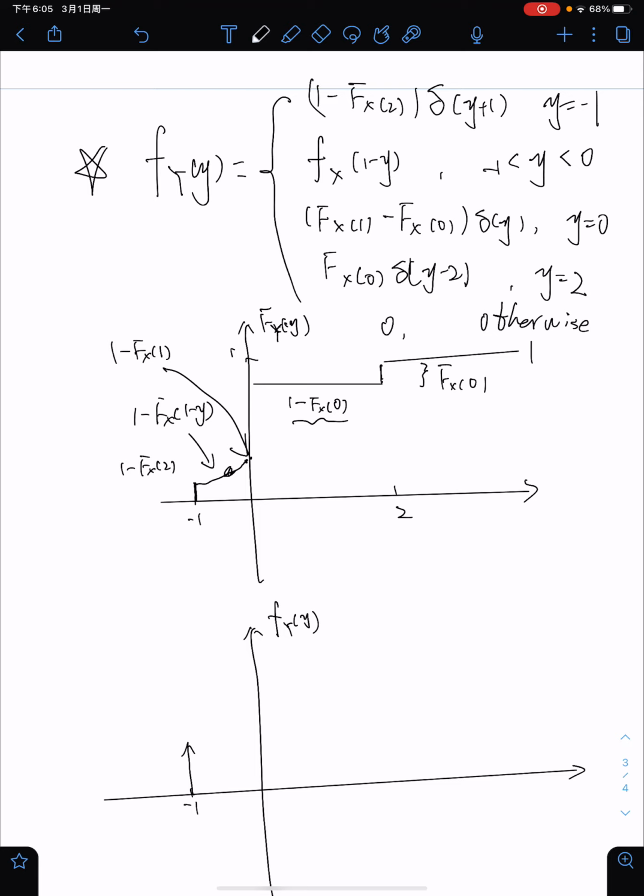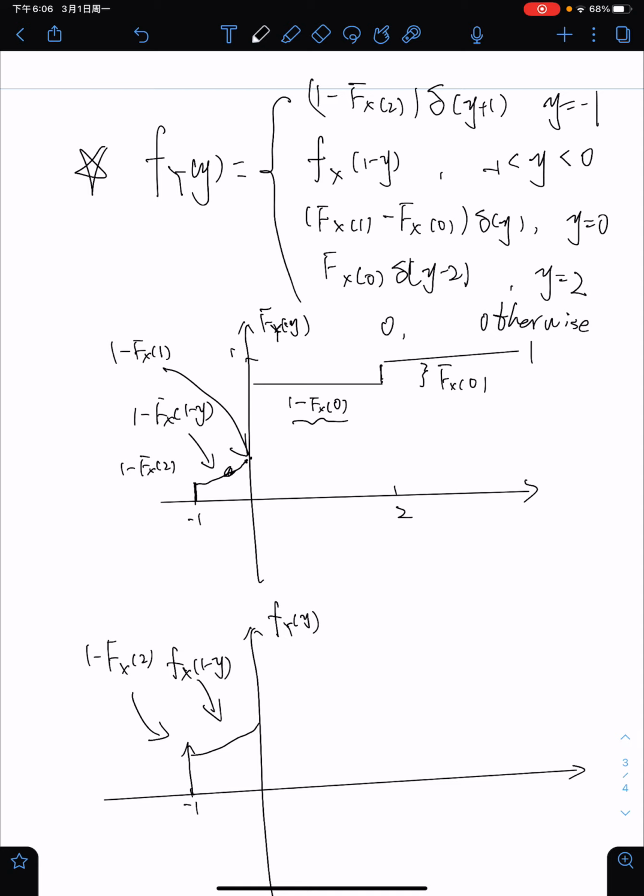Minus 1 has an impulse, and the area is 1 minus Fx(2). Okay, and from minus 1 to 0, here is fx(1 minus y).